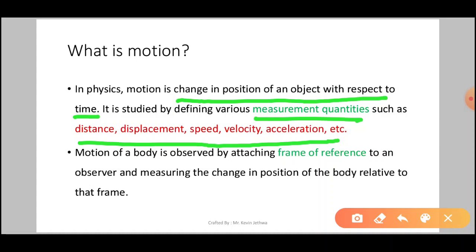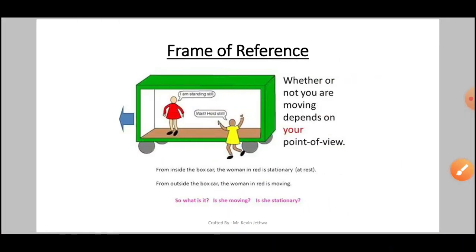So before considering how we study the motion of an object, we need to first attach the motion of an object or a body with the frame of reference. Now what is the frame of reference? Let us take a simple example to understand quickly. One person is sitting inside the train and another one is standing on the platform. The person sitting inside the train will see that the train is stationary and the platform is moving backwards.